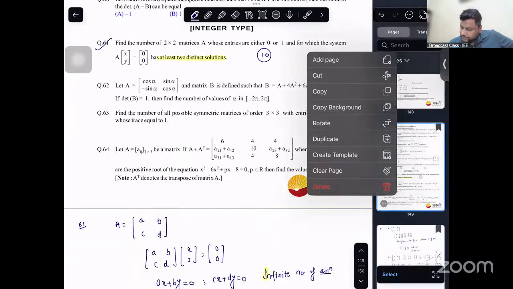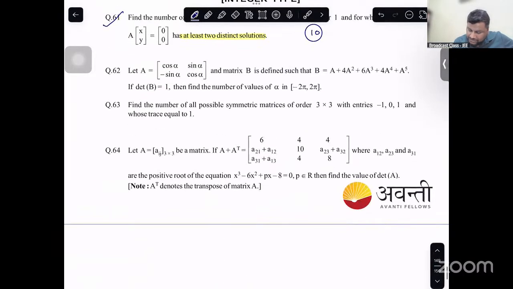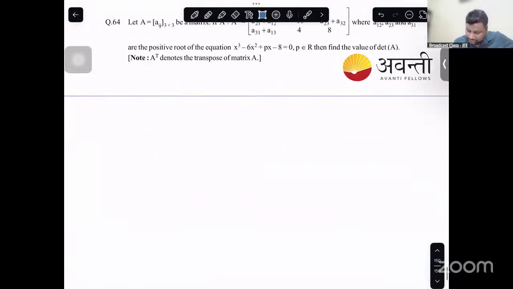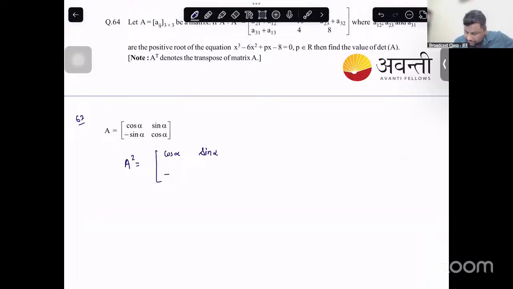So if I do A square, this is your A. So if you do A square, that is cos alpha, sin alpha, minus sin alpha, cos alpha, multiplied by cos alpha, sin alpha, minus sin alpha, cos alpha. What do you get?